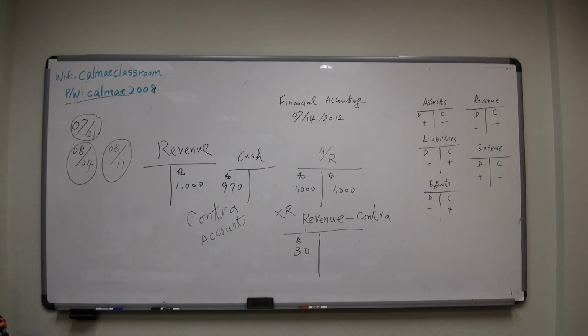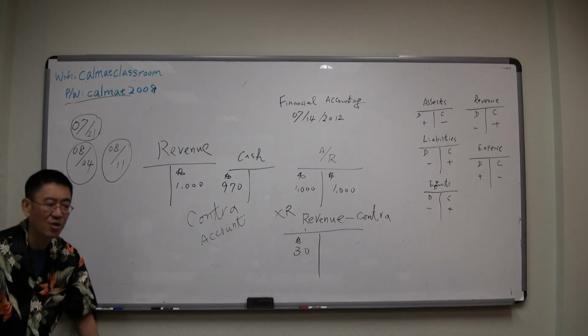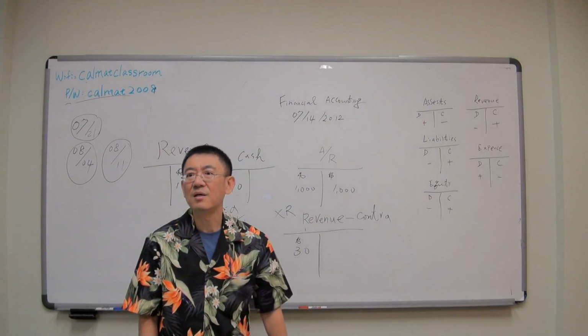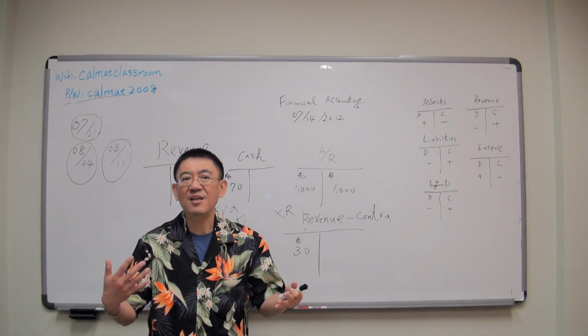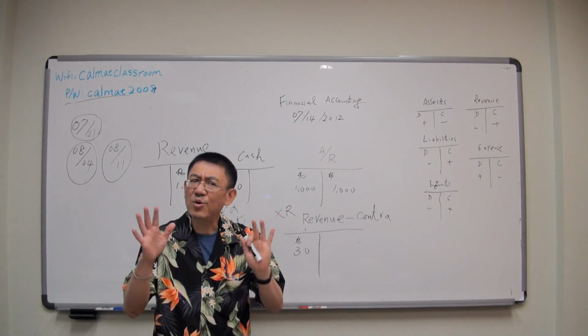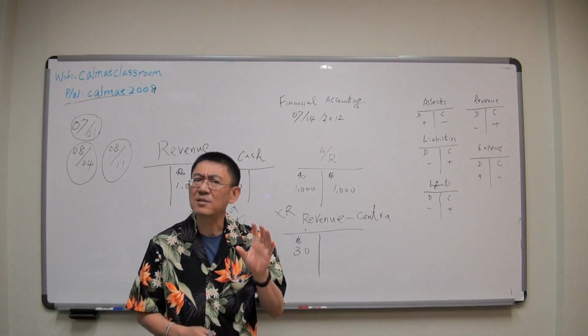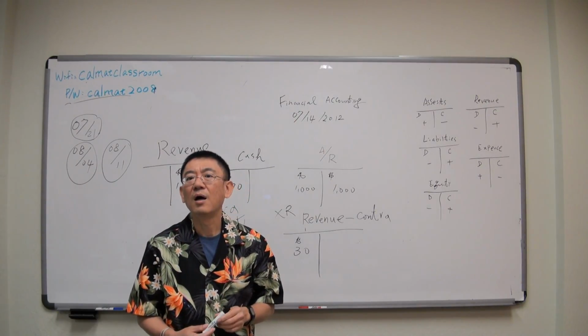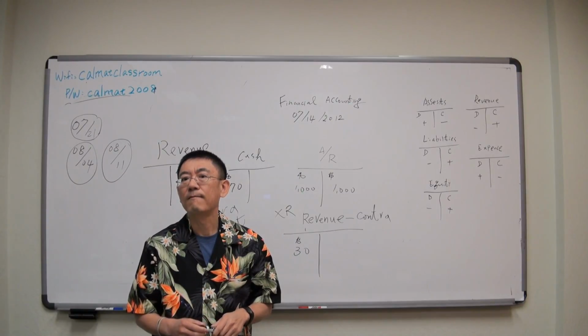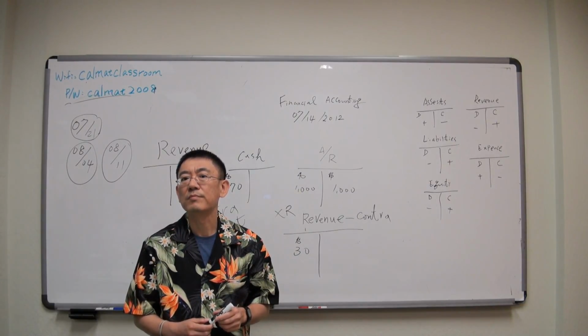Basically, cost is different from expenses. However, when we do the accounting, we put them together in the same category. Can anybody tell me what's the difference between cost and expenses? Easier understanding: cost is for producing the goods and expenses is while you're selling the goods.